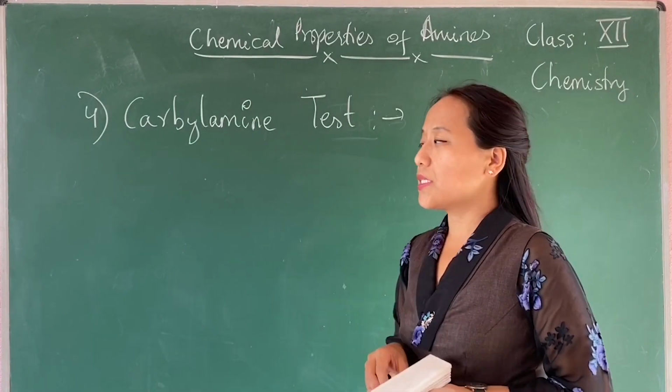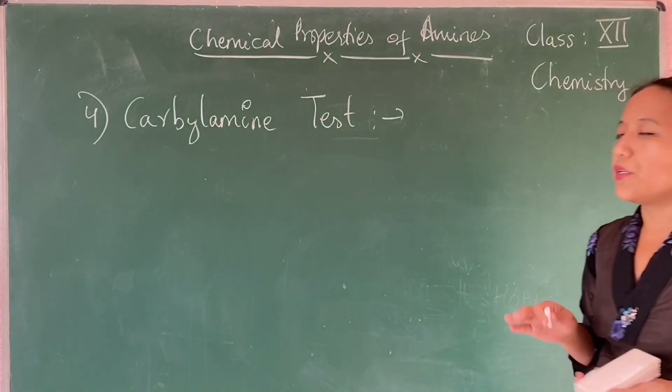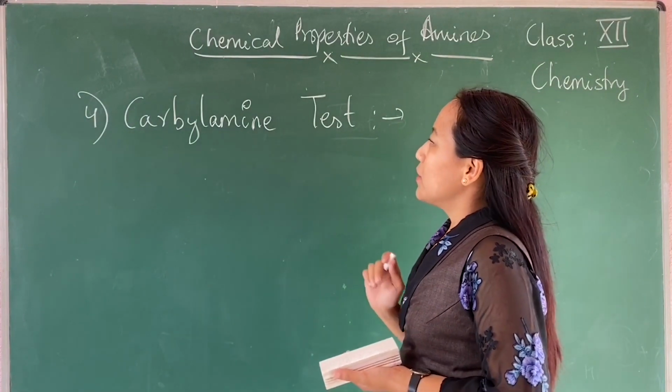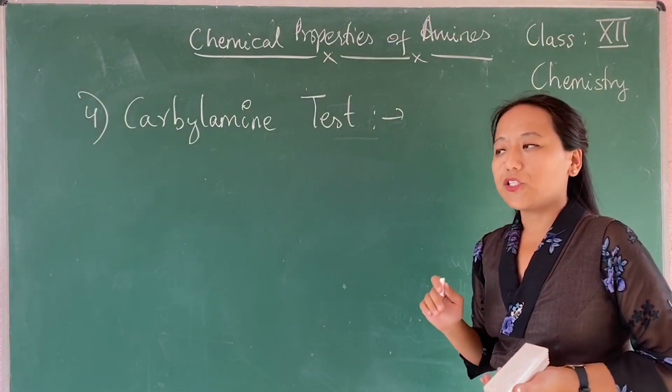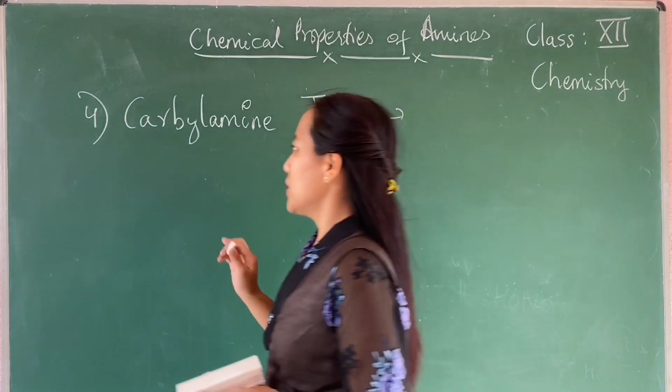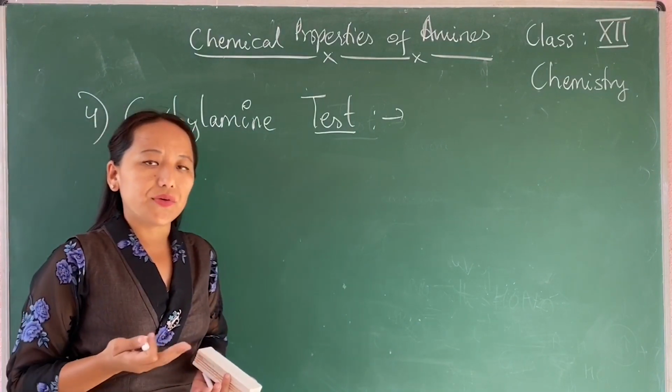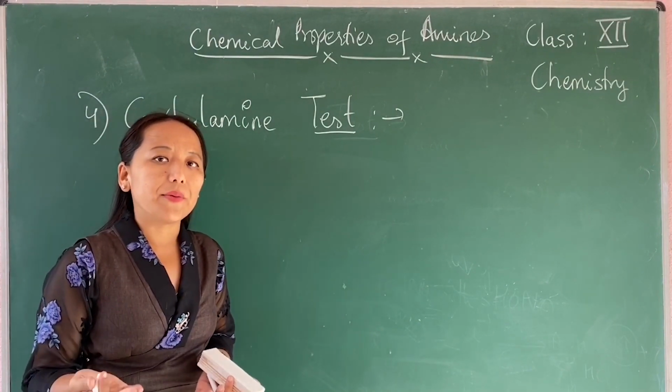Now in today's class, I am going to discuss the fourth chemical property, that is the carbylamine test or carbylamine reaction. And it is called a test because it is used to identify whether your compound is a primary amine or not.